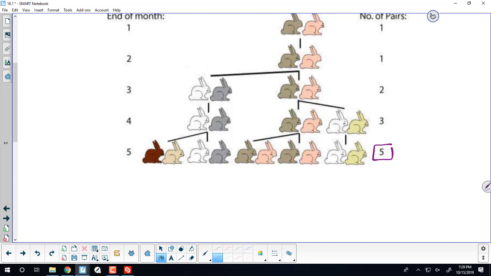The last 2 terms, right? If I take 3 plus 2, I get 5. Does that work? How do I get 3? It should be this thing plus this thing. Is that right? Yeah, 2 plus 1 is 3. How do I get 2? It should be 1 plus 1. So that's it, right? I can't go back 2 more terms after that.